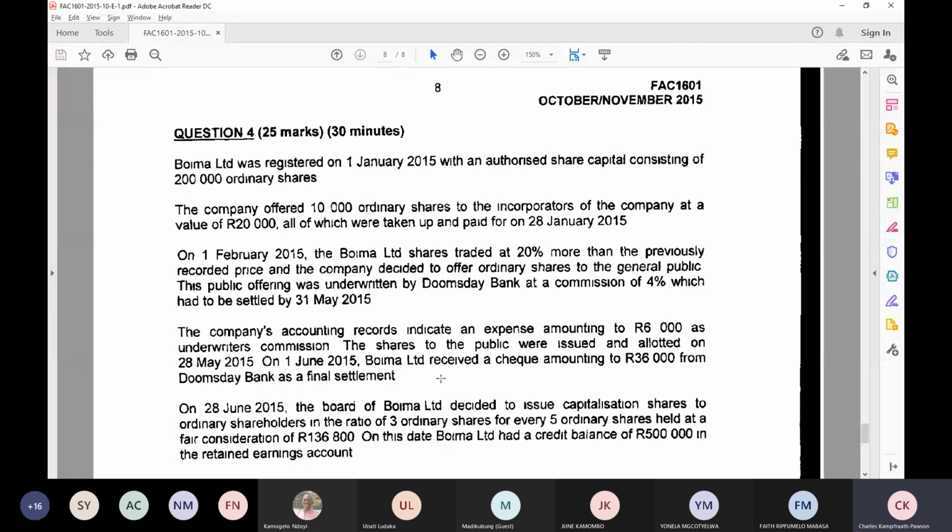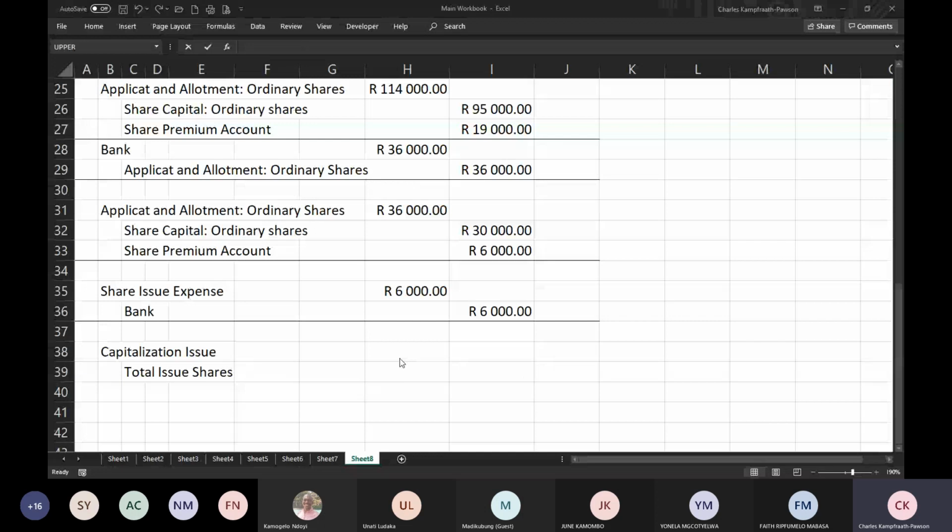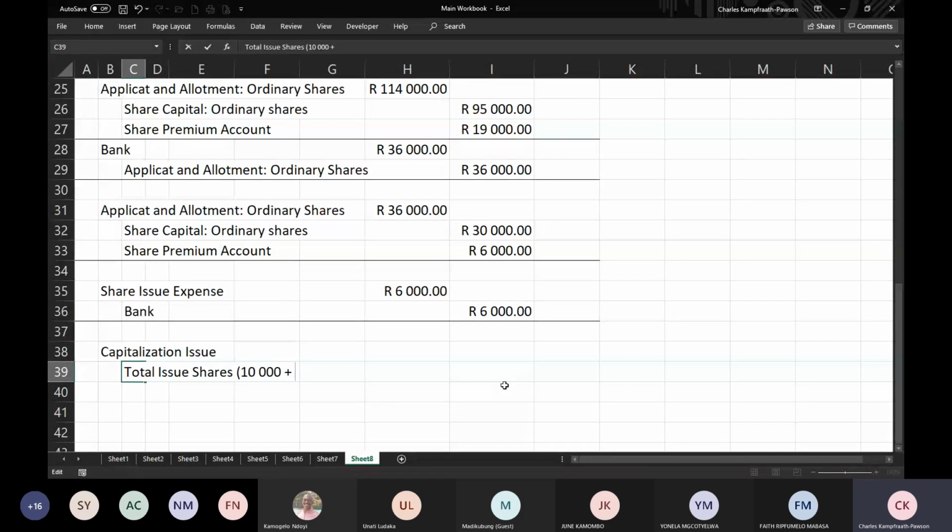Okay, guys, let's continue. What is the number of shares that will be subjected to the capitalization issue? 72,500. It will be the 10,000 plus the 62,500, 100%. So the total shares will be 10,000 plus 62,500, which is 72,500.